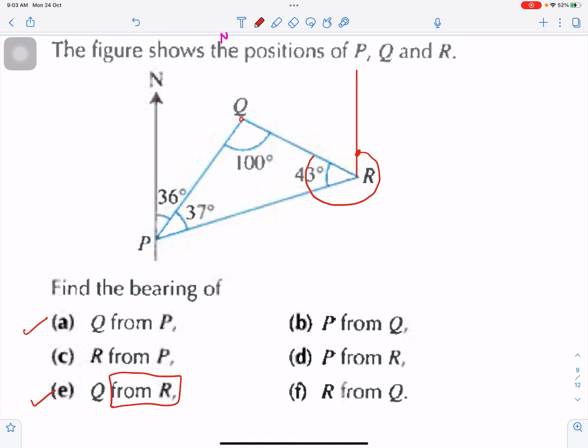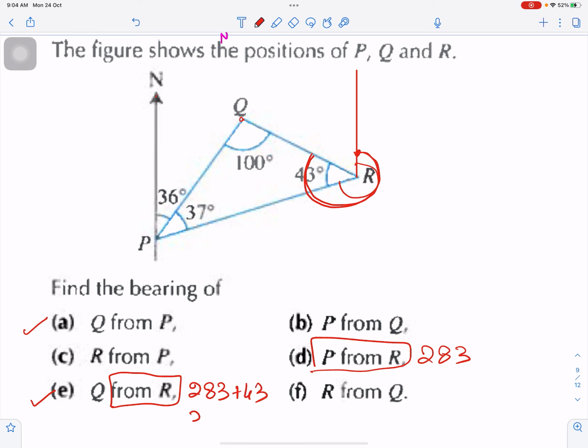Because we have already found in the previous part, P from R, this angle was 283, right? We calculated it. So this answer will be 283 plus 43.